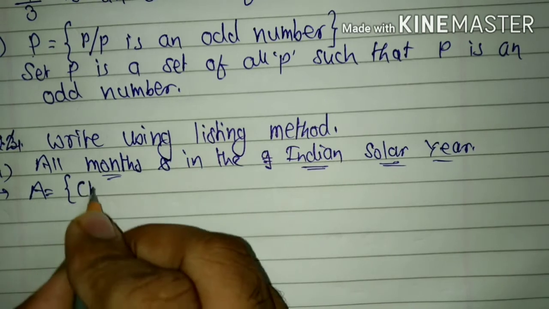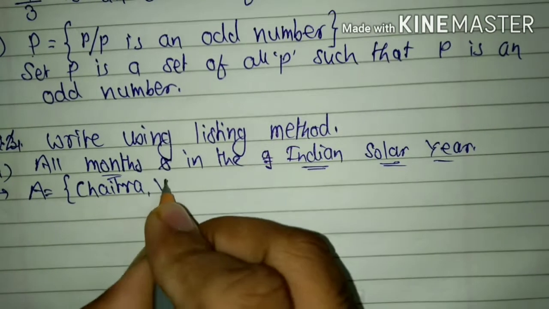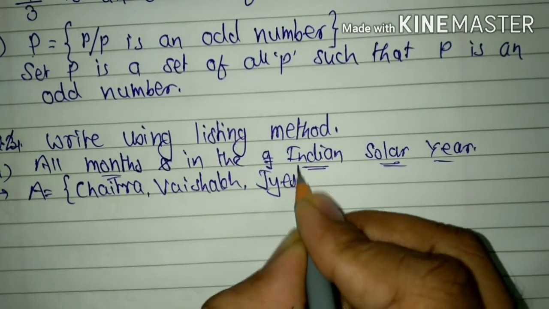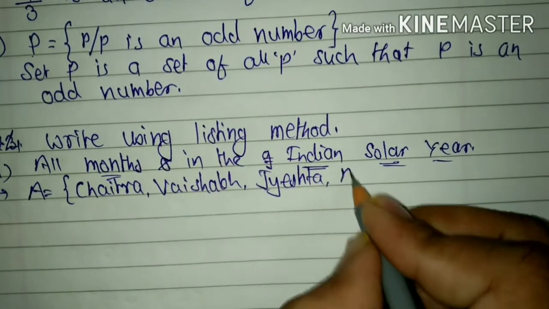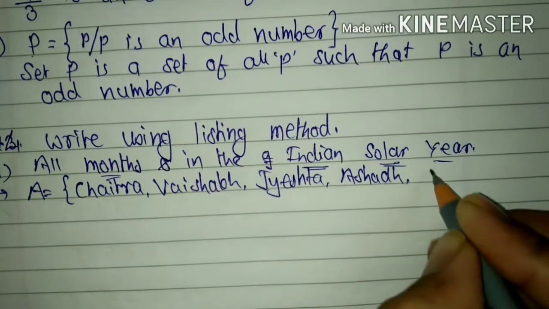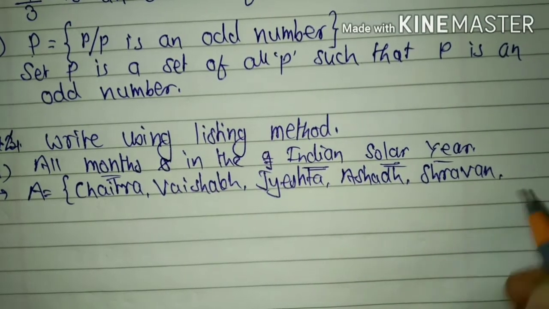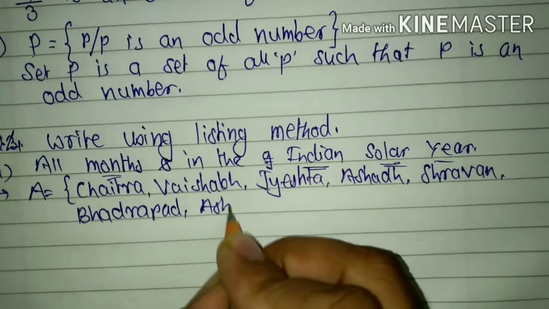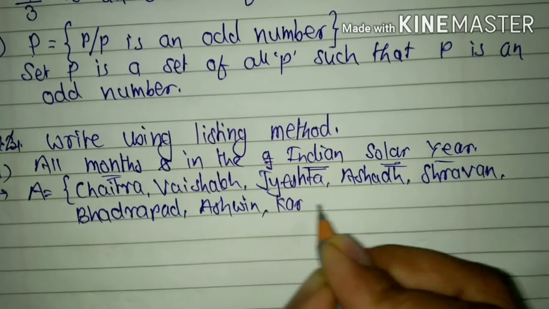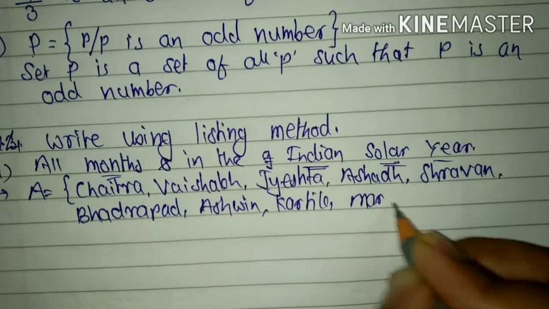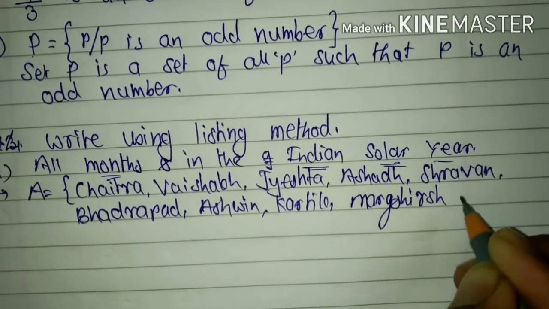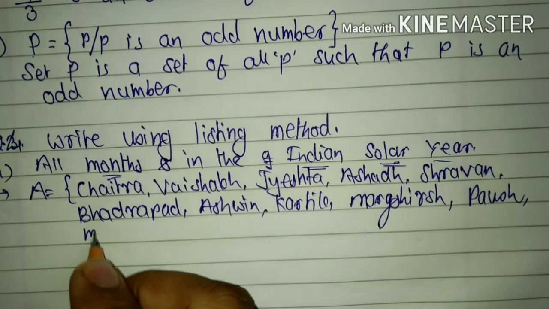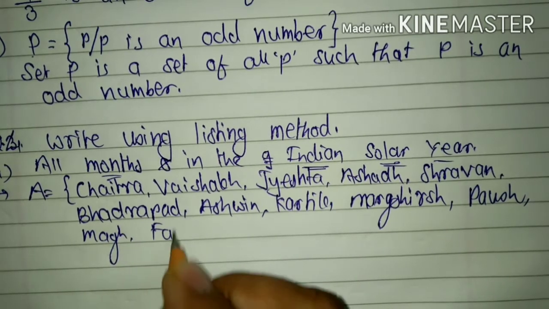So start with Chaitra, Vaishak, Jyesht, Ashad, Shravan, Bhadrapad, Ashwin, Kartik, Margashish, Paush, Magh and Falgun.